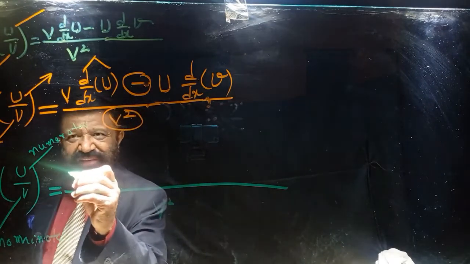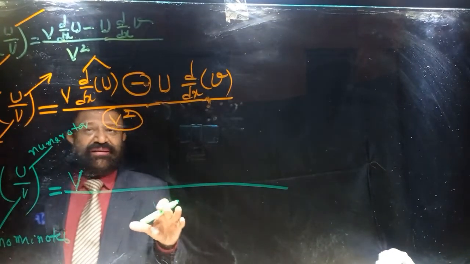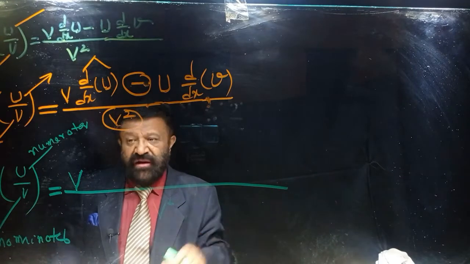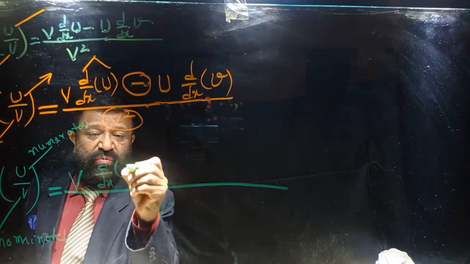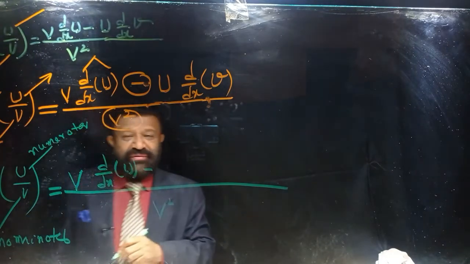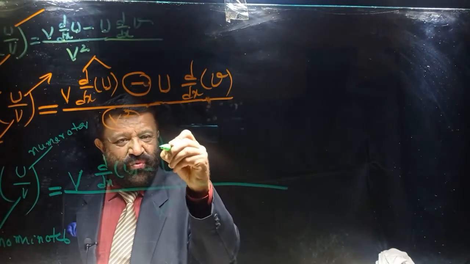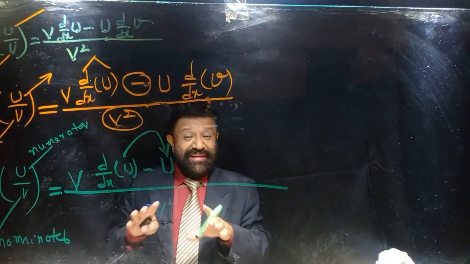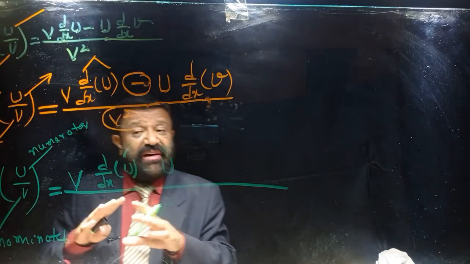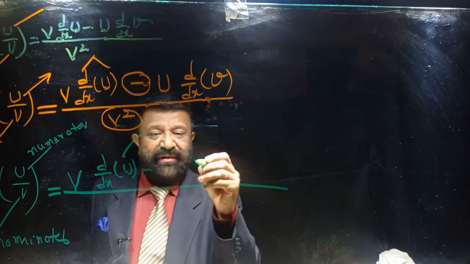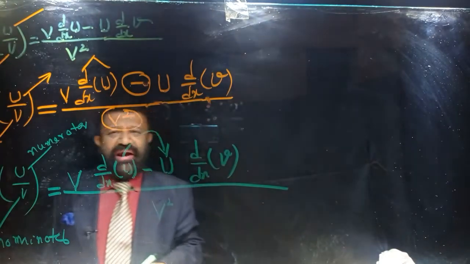Then write v as it was written over here, but no square. Now take the derivative of u, minus u, the same u with no derivative, because its turn has gone. Now it is the turn of v, so take the derivative of v, and that's all.